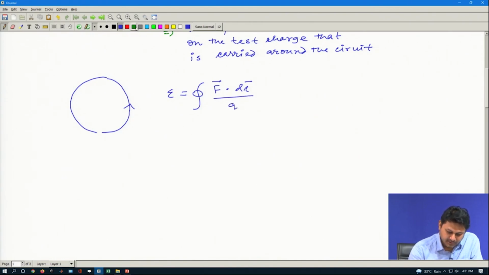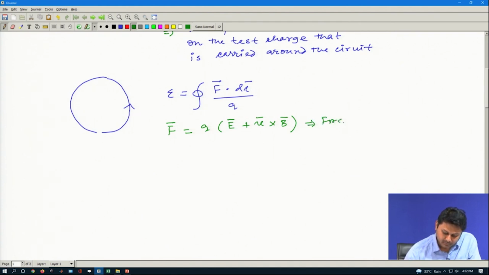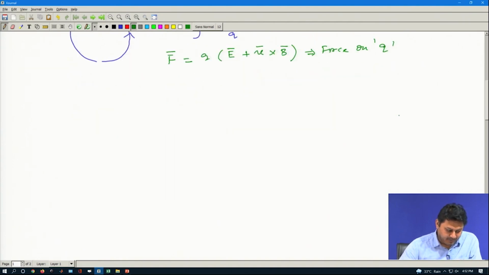By the way, here F is the force experienced by the charge, that is q multiplied by E plus v cross B. That is the force on the charge q.